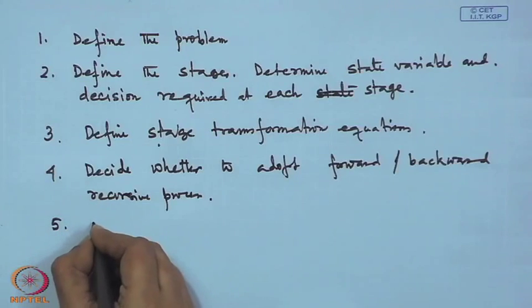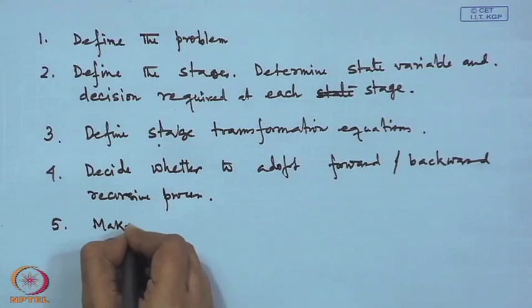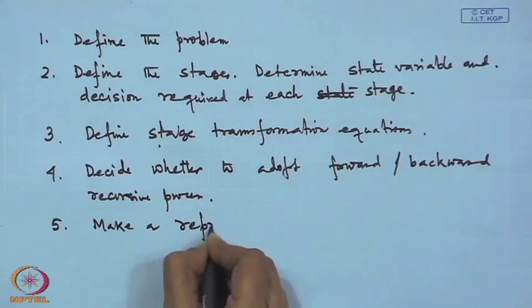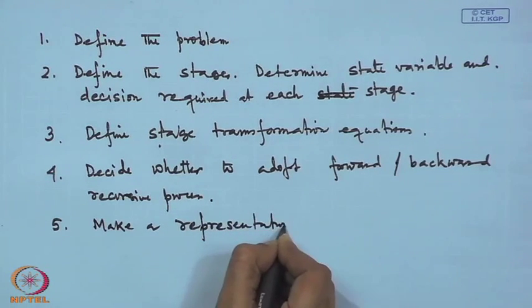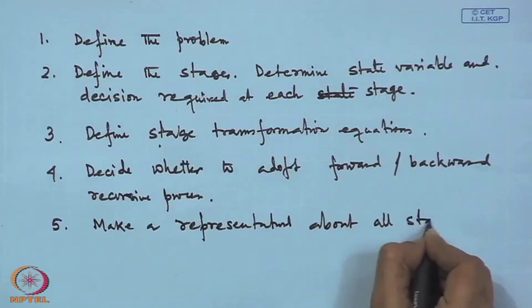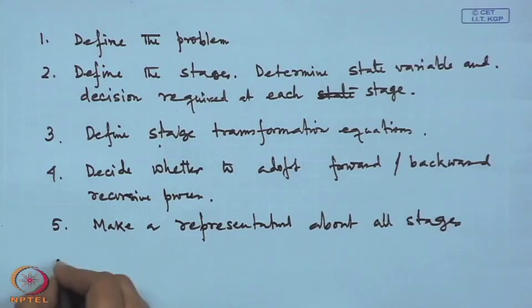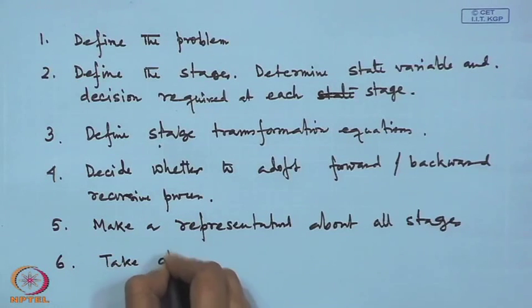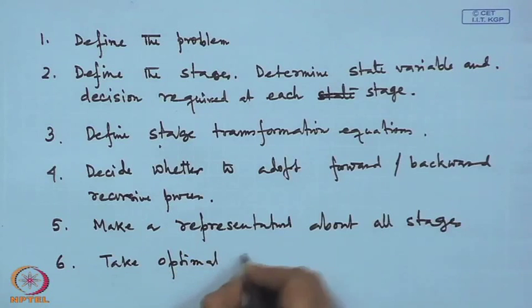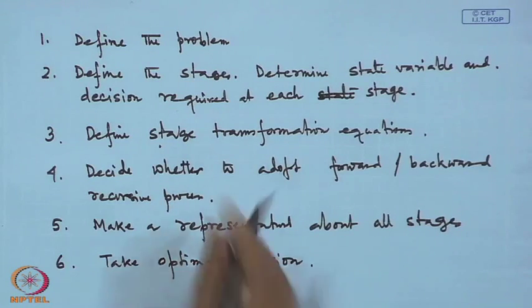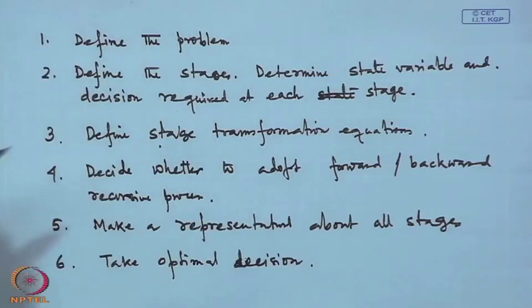It has been said that after reaching the last end, make a representation about all stages, rather the optimal solutions of every stage, and then take the optimal decision. These are the steps. Now, that much I just wanted to convey regarding the continuous.